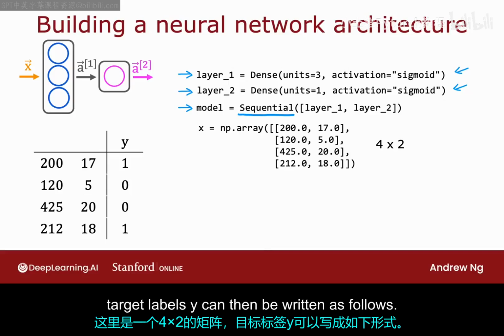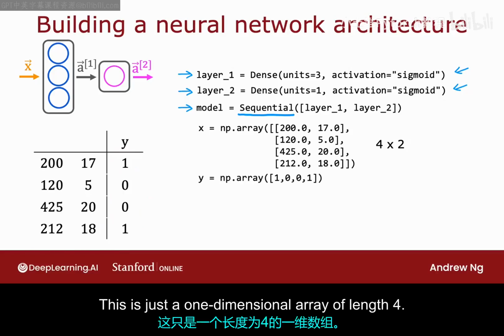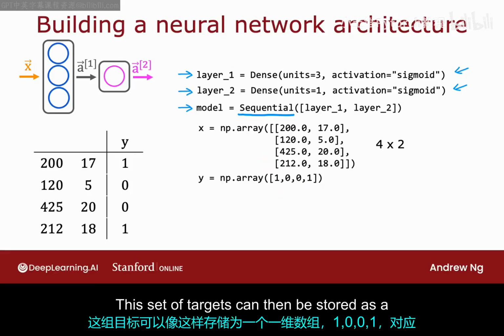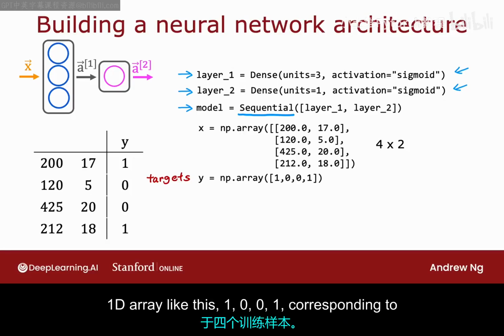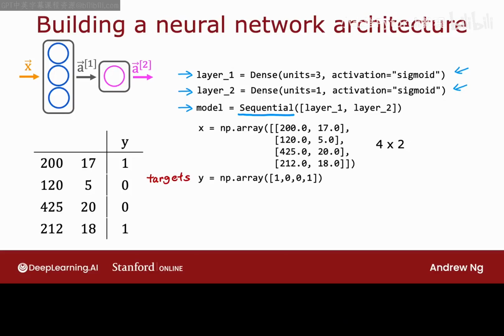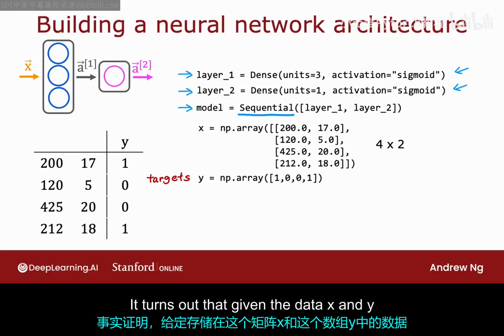And the target labels Y can then be written as follows. And this is just a one-dimensional array of length 4. Y, this set of targets, can then be stored as a 1D array like this, 1, 0, 0, 1, corresponding to 4 training examples.